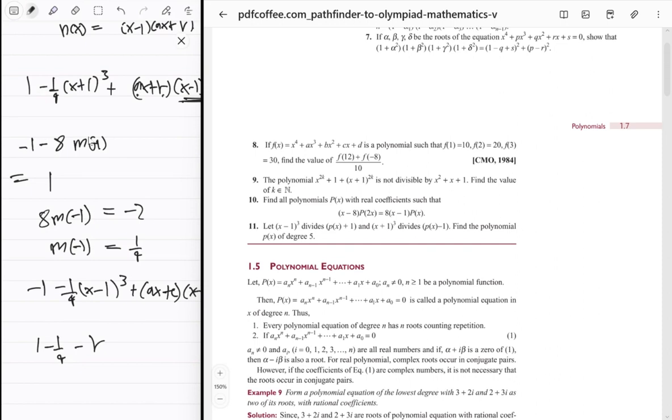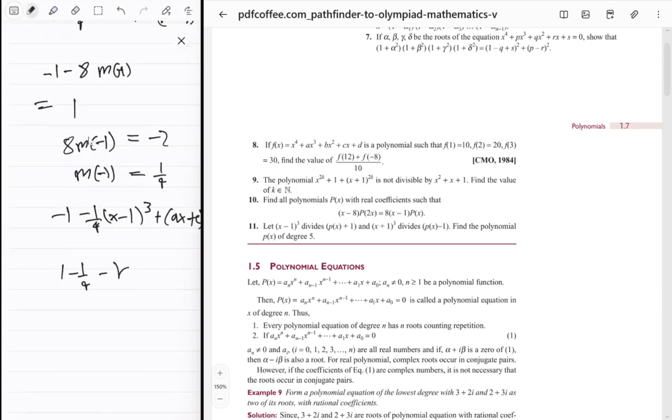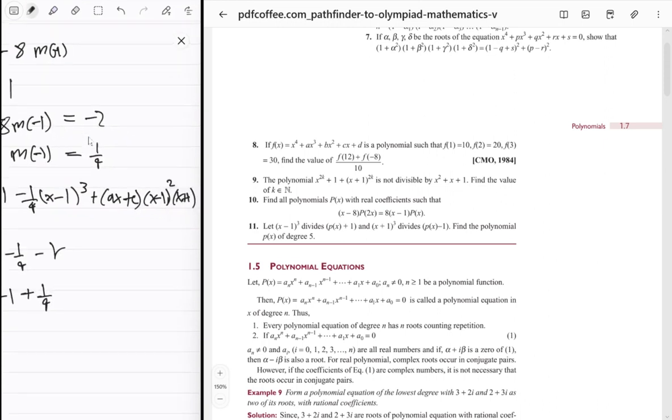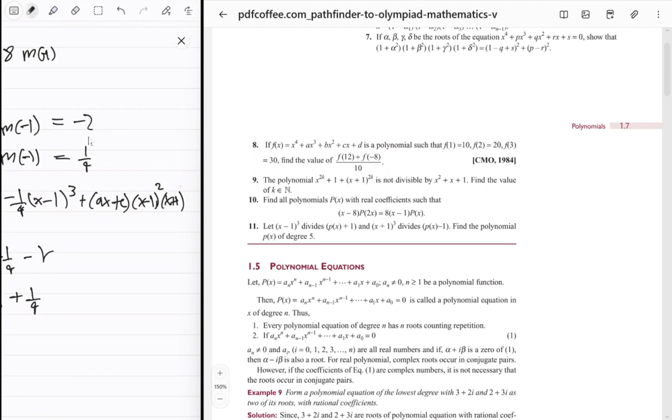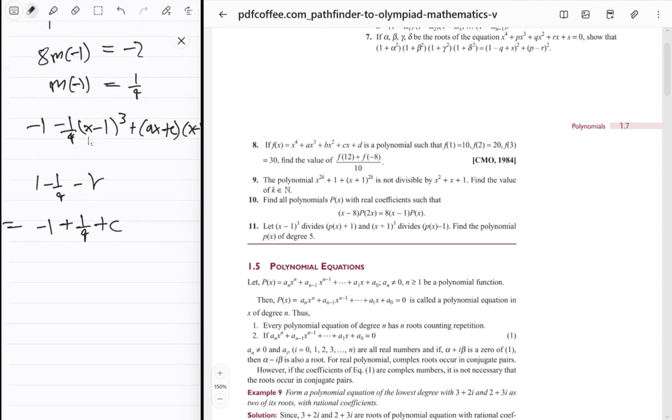So 1 minus 1/4 plus b times negative 1, right? That's equal to negative 1. Put it as 0, so we just get plus 1/4. Put that as 0. So minus 1 squared is 1 times 1 is 1. And that's 1, so you got c over there. So plus c. These have the same. Okay. So b plus c.